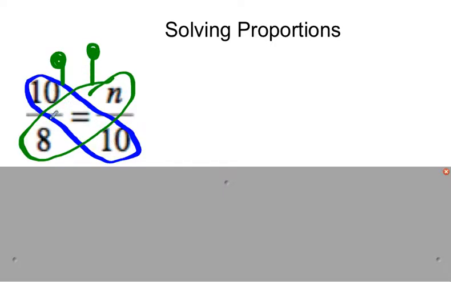This wing and that wing of the butterfly go together. That's why I call it the butterfly method. So as a cue, you can always remember that fraction equals fraction means you would use the butterfly method. So what does it mean? I'm going to show you in a little bit.